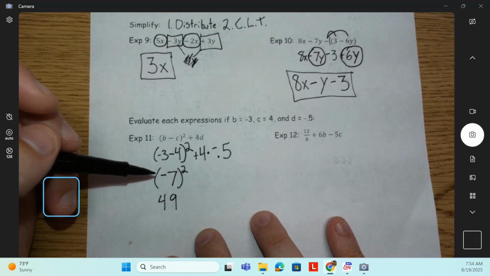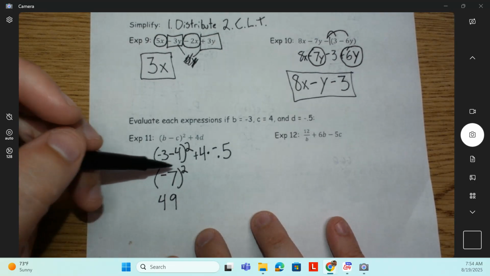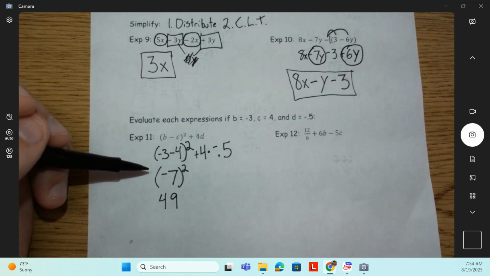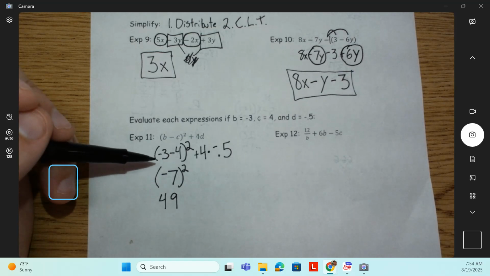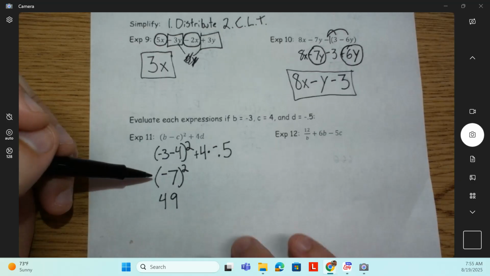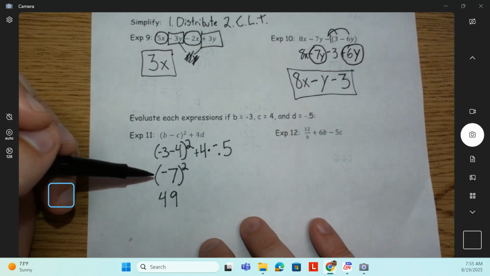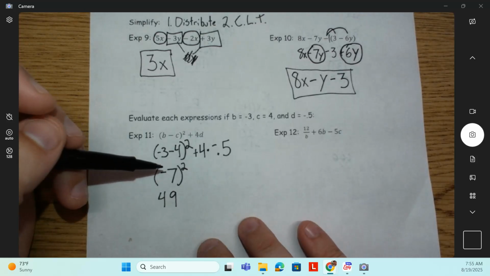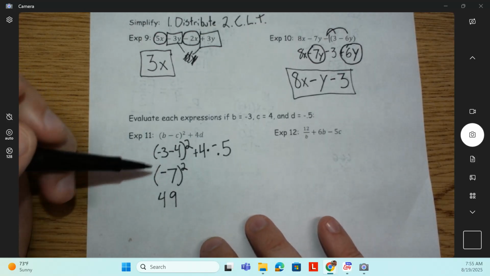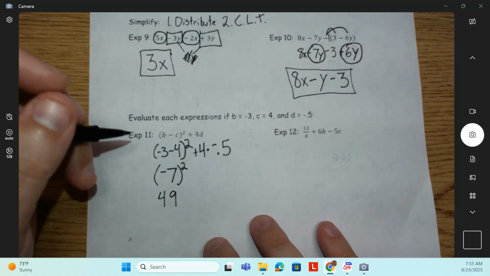Had it been written differently, like negative 7 squared, the negative would be on the outside and I'd get a negative 49. That has a tendency to really trip you up if you're using a calculator, because if you put this in the calculator without the parentheses, it's actually going to give you a negative 49, which would not be correct.